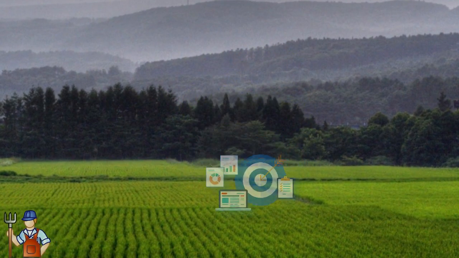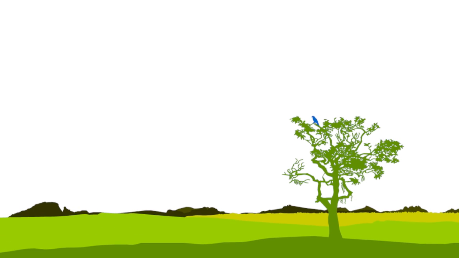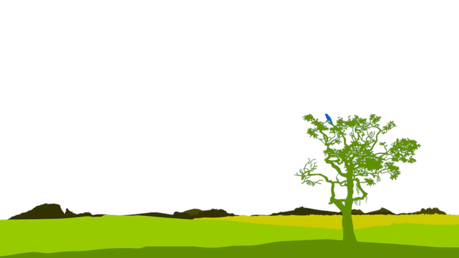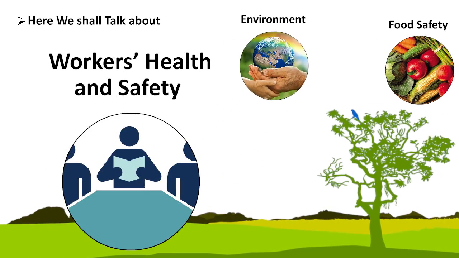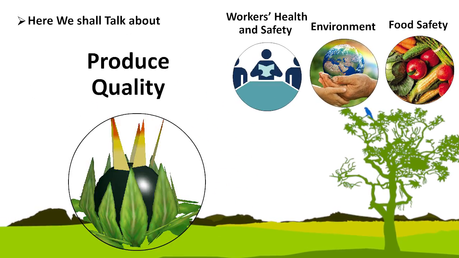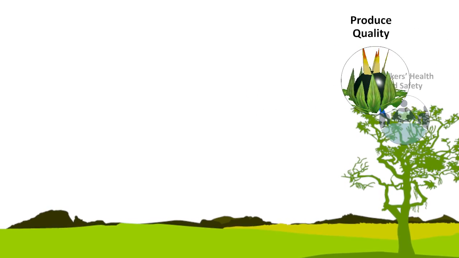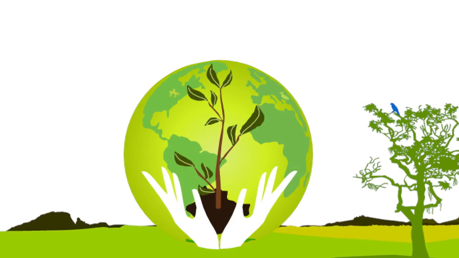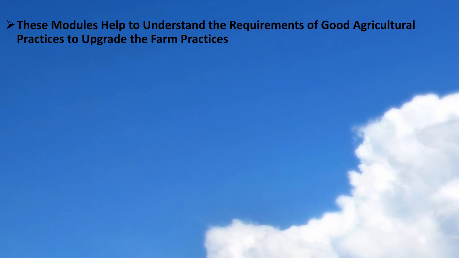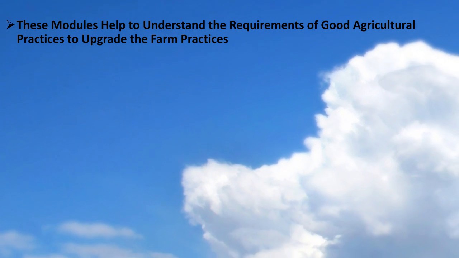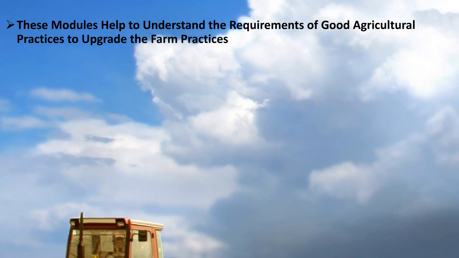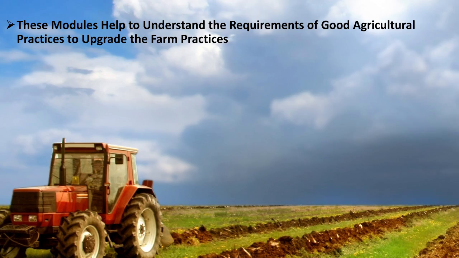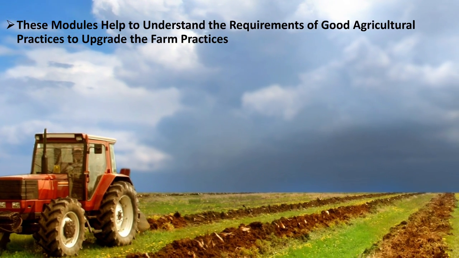rural economies. Good agricultural practices at the beginner's level, where we shall talk about food safety, environment, workers' health and safety, and produce quality in such farms that are present in all parts of the world. These sets of modules may be used as a reference to understand the requirements of good agricultural practices in a manner that will help such farms to introduce or upgrade their farm practices.